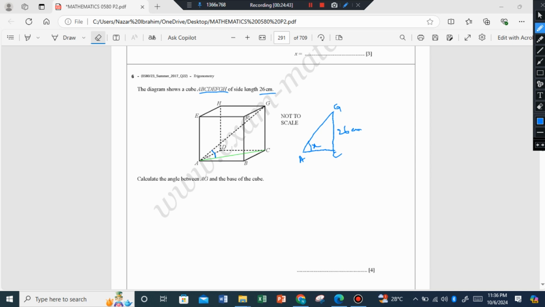So to first take out AC, I can see another triangle, that is ACB. You see this triangle, right?